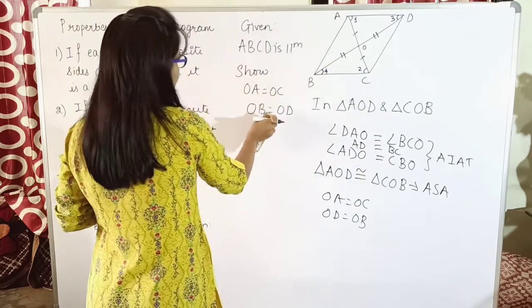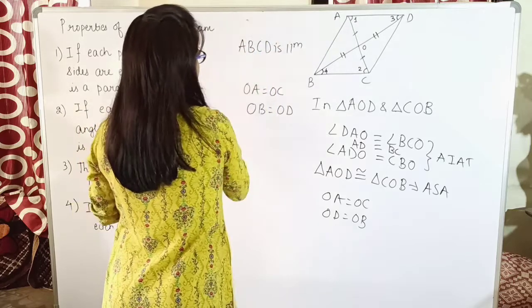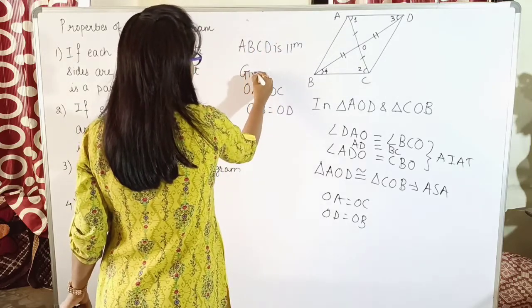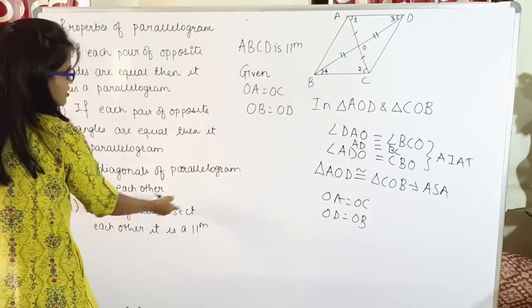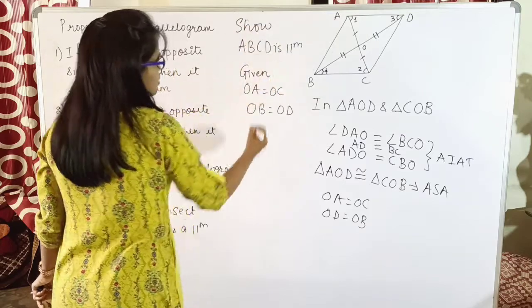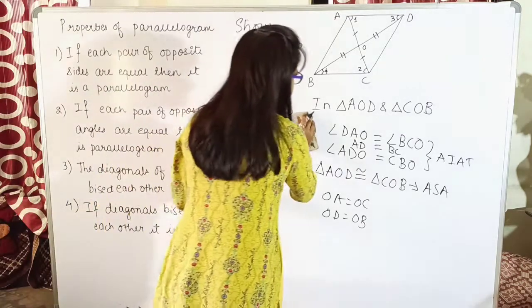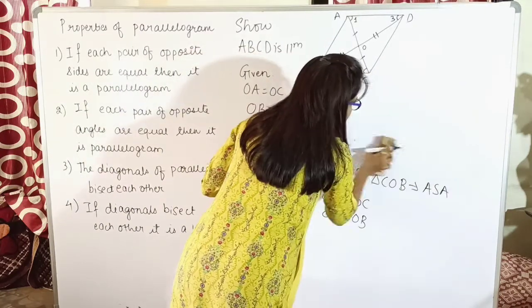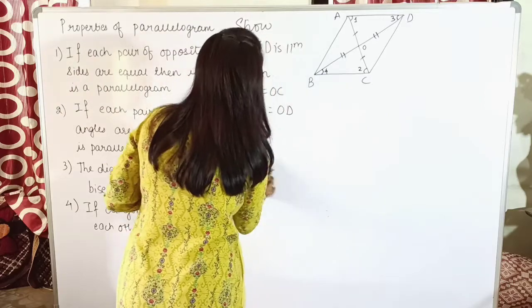Now what is your given information? Whatever was your "show", that now becomes your given, isn't it? So this is my given information, which says the diagonals are bisecting each other. See, if diagonals bisect each other, then show that it is a parallelogram. So again, if you have to show it is a parallelogram, you have to show both pairs of sides are parallel. Okay, so how can we show the pairs as parallel?